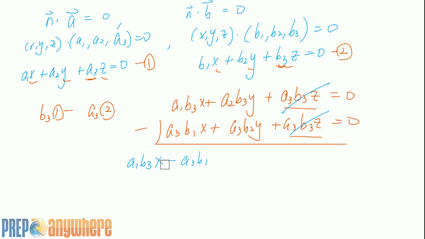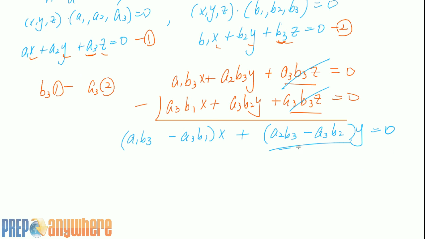So you can actually factor out the x, plus, for the y you get a2 b3 minus a3 b2 y is equal to 0. Let me just bring this over to the other side. You get minus (a2 b3 minus a3 b2) y.